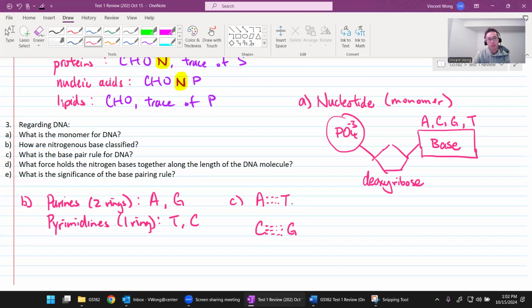So it's going to take more energy to separate DNA that has a higher CG content compared to AT content. So what force holds the nitrogen bases together? Hydrogen bond. Okay, so that's D.